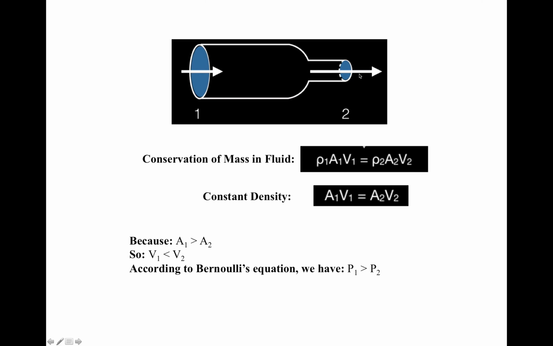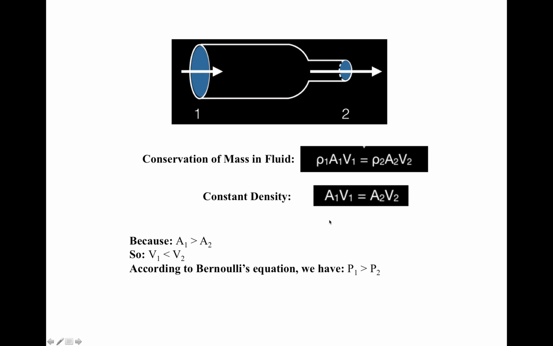If you use a garden hose to irrigate your lawn and put your thumb on the outlet of the pipe, the water coming out is going to be much faster than before, because you have reduced the cross-sectional area of the outlet.